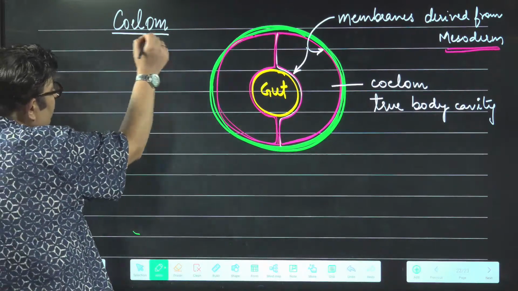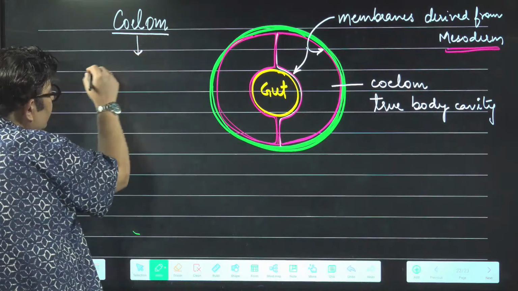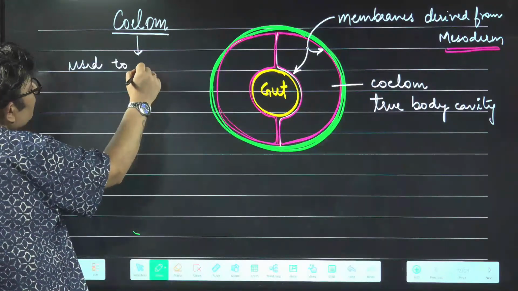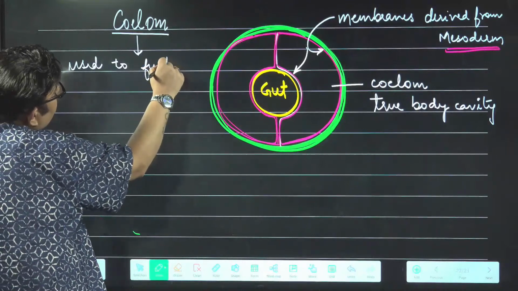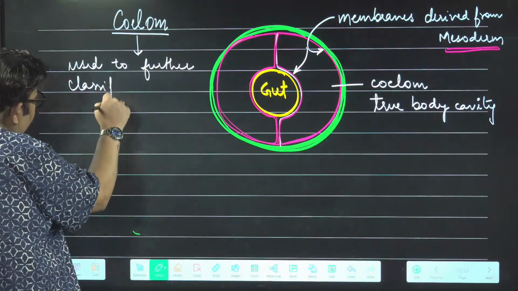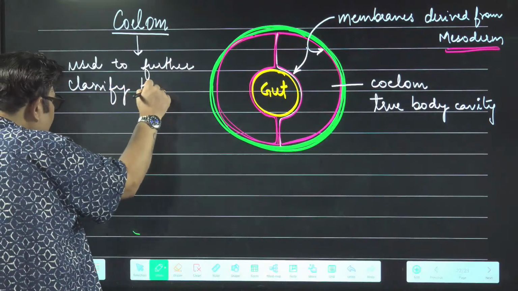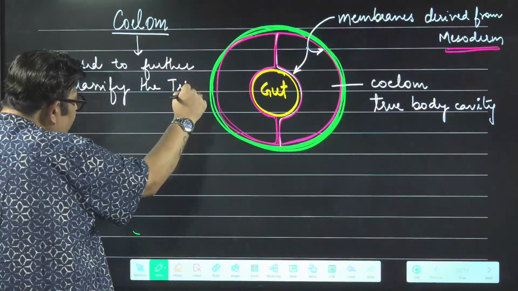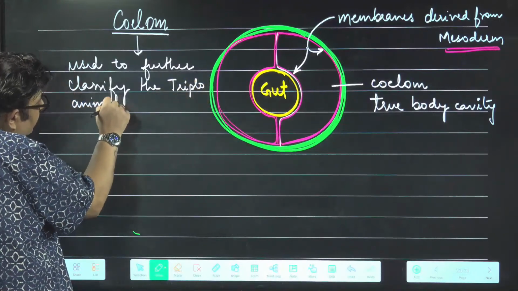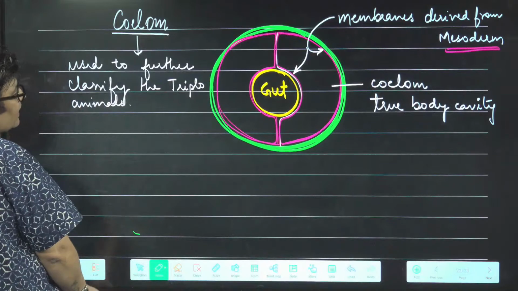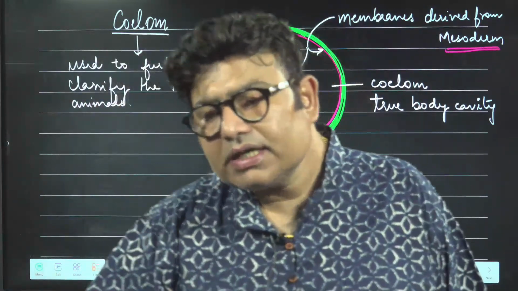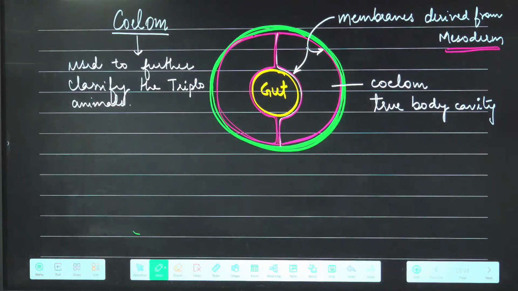So, coelom type of classification is used to further classify the triploblastic animals. Are you guys with me? Learn this last line: it is used to further classify triploblastic animals.